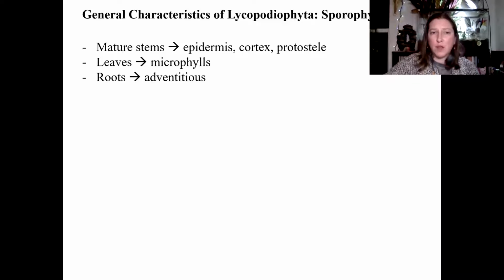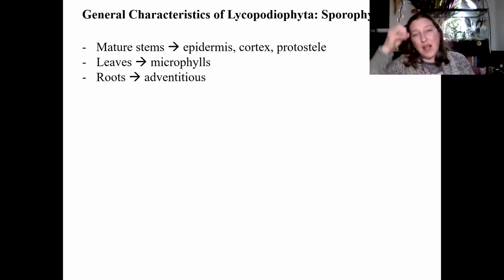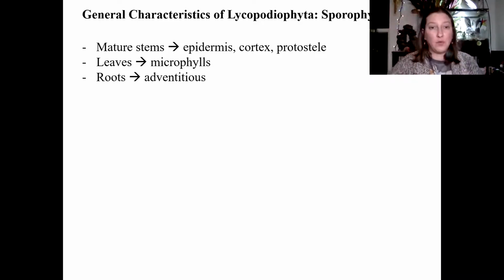These are some terms we saw last time. We know that we're in vascular plants, so the stems are going to have those tissue layers: epidermis, which is the dermal tissue system; cortex, which is the ground tissue system; and then a protostele, which we learned last time just refers to a very basic arrangement of the xylem and the phloem in the stem and the root.